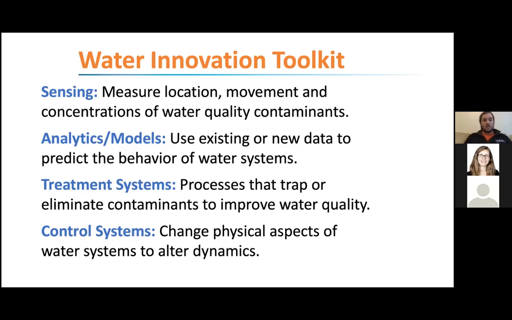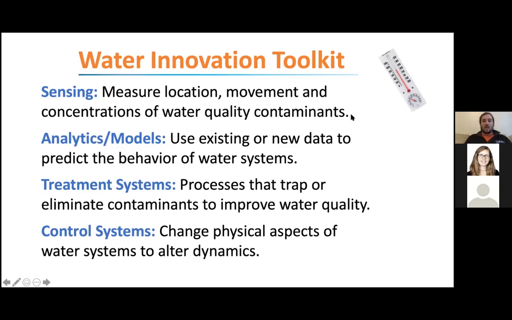And we also want to change our behavior or the systems around us to make sure that we're comfortable in whatever weather system we might have. So with this allegory, I guess, or comparative system, our sensing would be something like a thermometer.